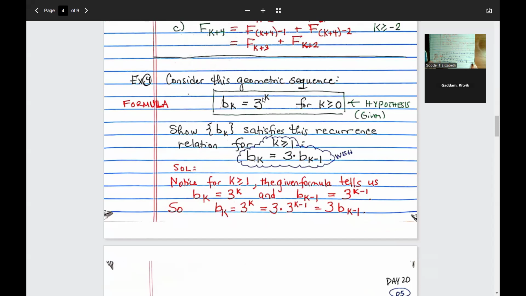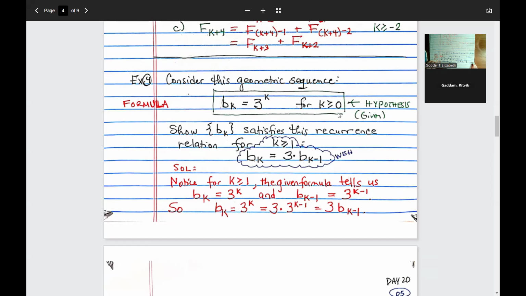Since it's geometric, the recurrence relation is that B sub k is the common ratio, which is 3, times the prior term. So this was the way the solution went. For k greater than or equal to 1, the given formula, I'm talking about the hypothesis, it's given.